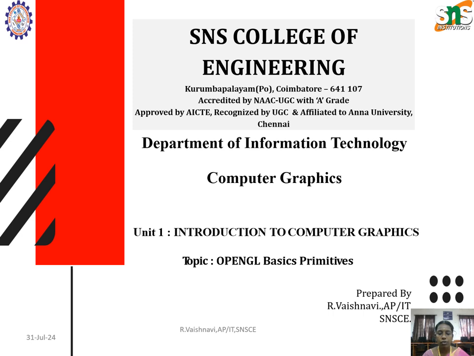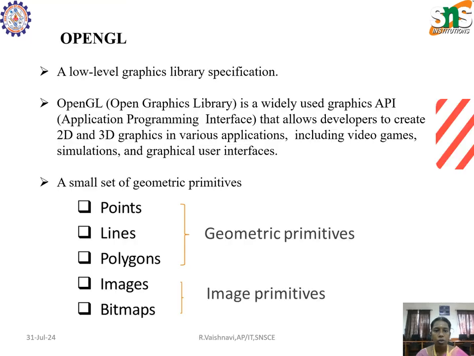Now we are going to see about the OpenGL basic primitives in computer graphics. OpenGL, the low-level graphics library specifications. OpenGL, that is Open Graphics Library, is a widely used graphics API, that is application programming interface, that allows developers to create 2D and 3D graphics in various applications, including video games, simulations, and graphical user interfaces.